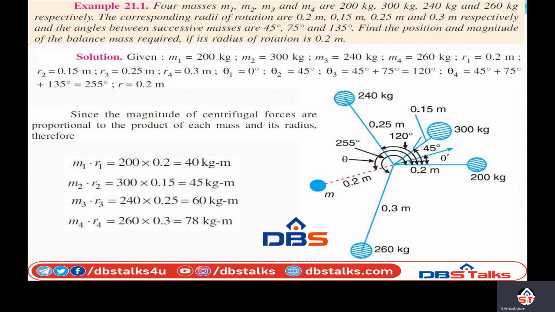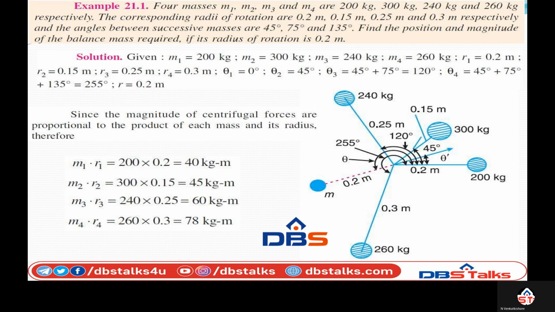So finally, from the given data, we have the four masses with some radii of rotation. We need to find the balancing mass. How much mass will be required to balance all four masses, which are rotating at the radii of rotation given in the question itself?